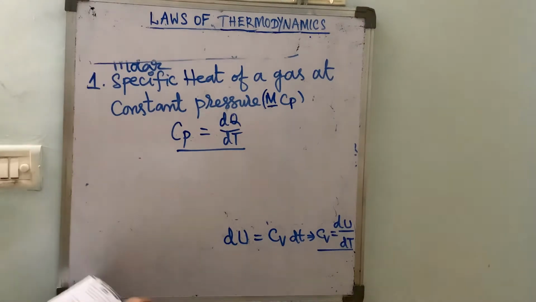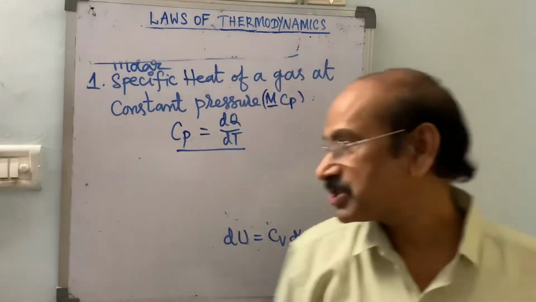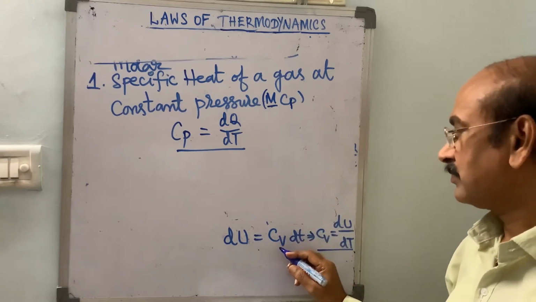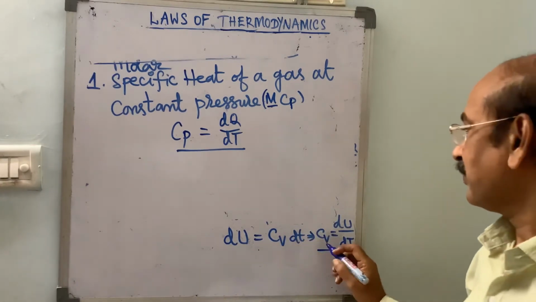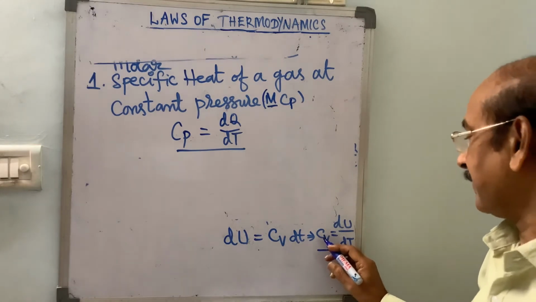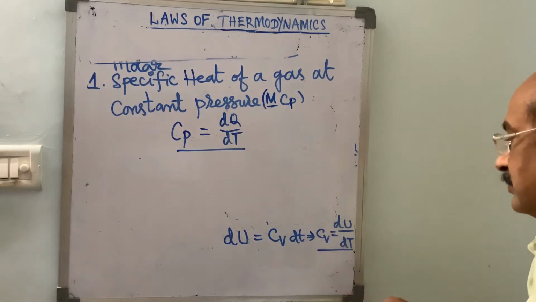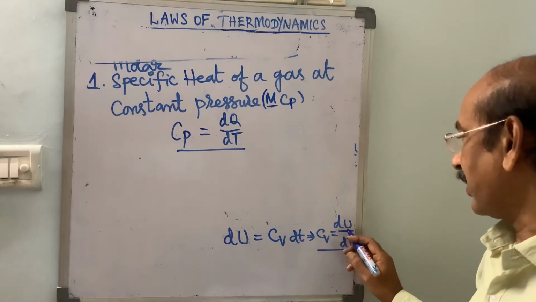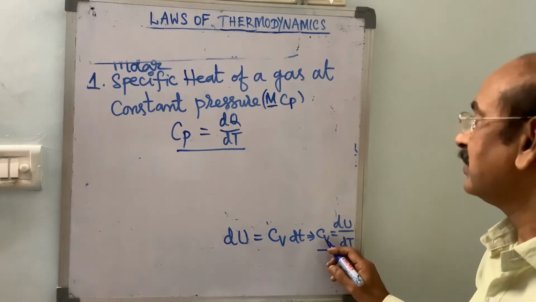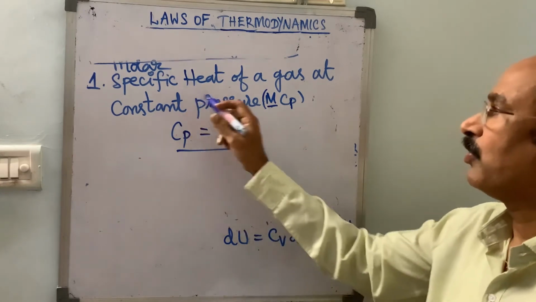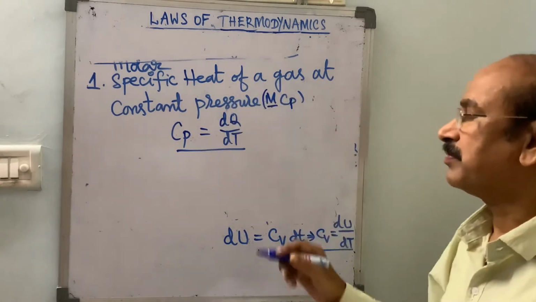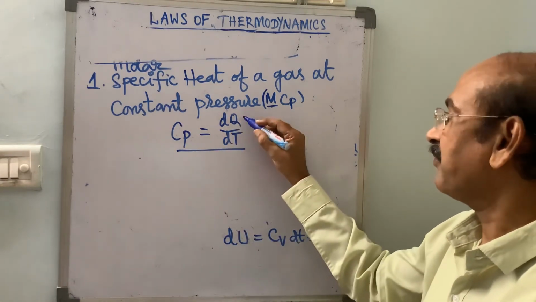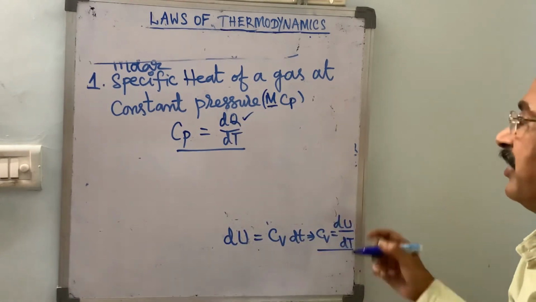Now let us derive the relation between Cp and Cv. Cp is greater than Cv because the energy required to raise the temperature of 1 gram molecule of gas through 1 degree Kelvin at constant volume is less than the molar specific heat of a gas at constant pressure Cp, because the amount of heat energy in this case, dq, is more than du.